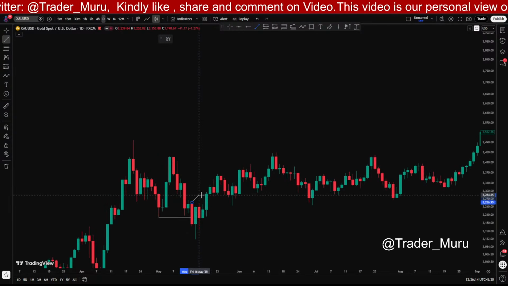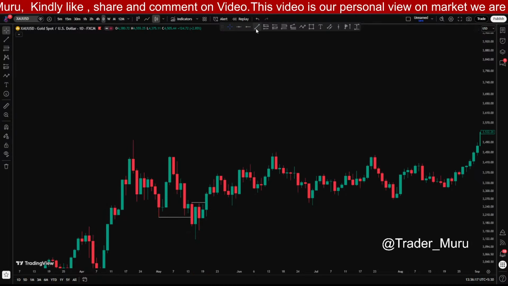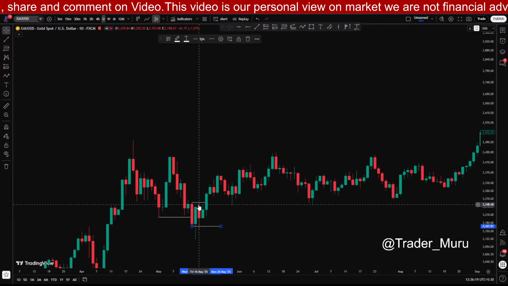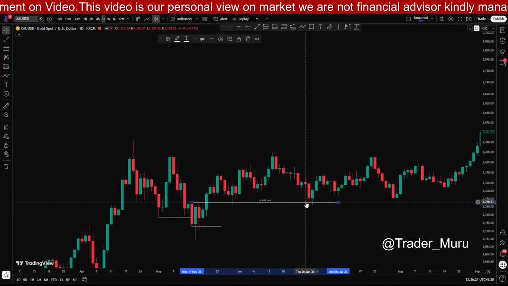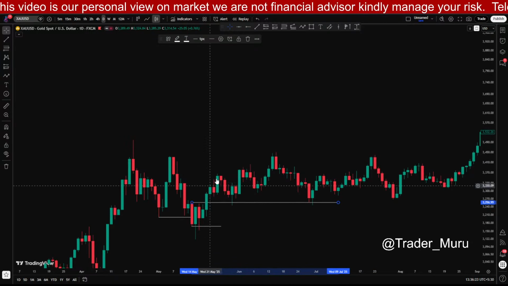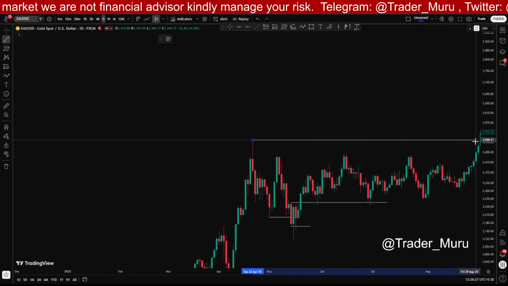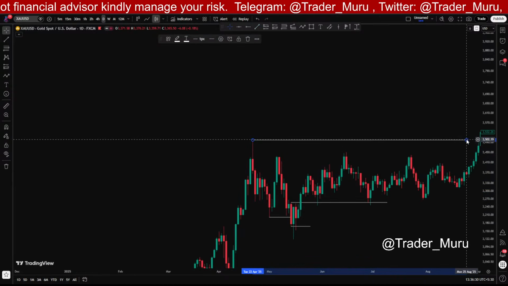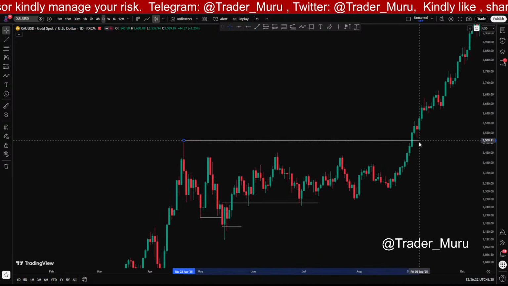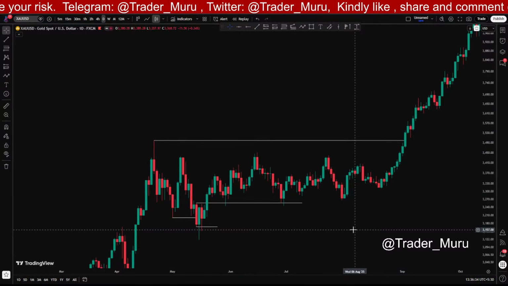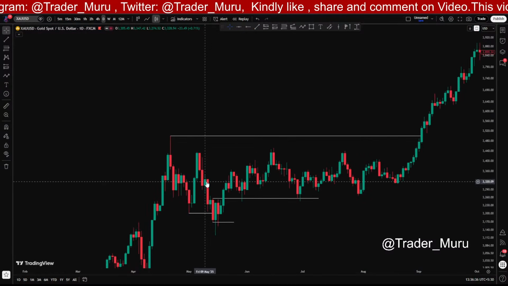This is your daily time frame candle range. Once a candle closes above, price just retests it and goes in a big range. After that, it hits its target near ATH. See, this is how reversals are formed.